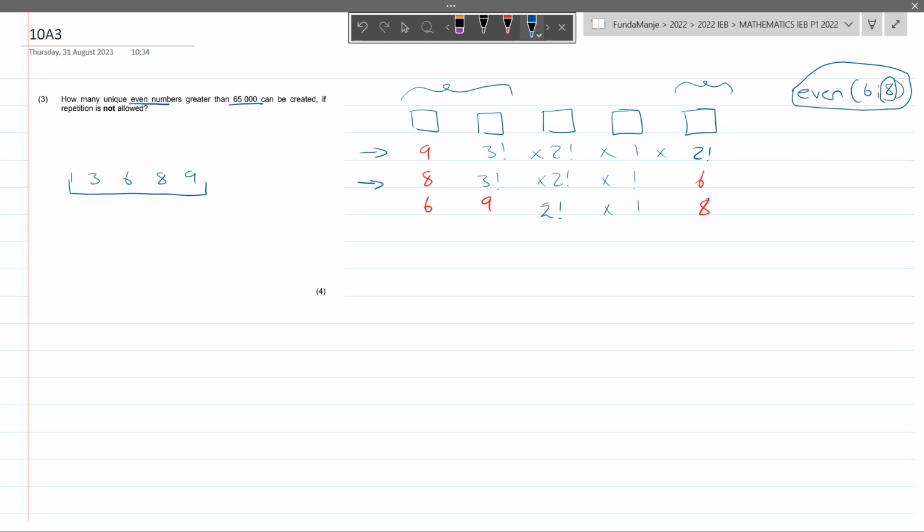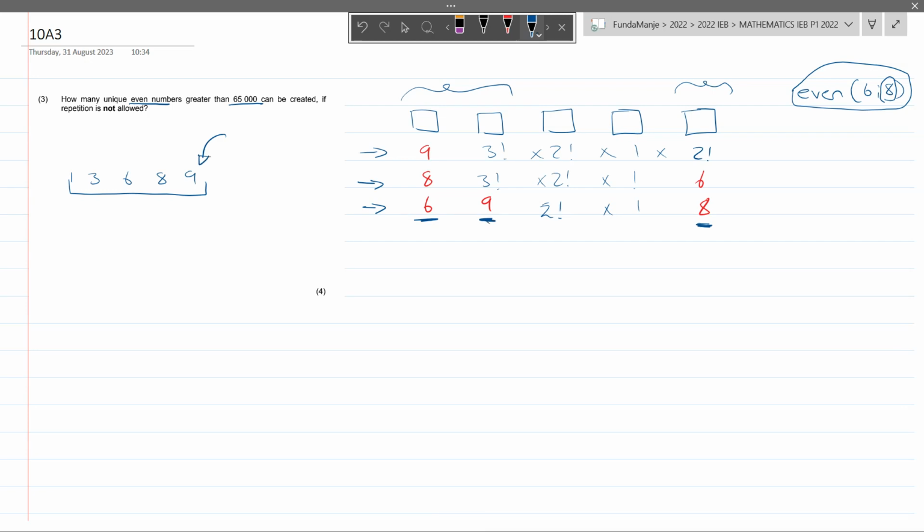Then the last one is if we use 6 over here, then again we have to use the only number that's even, which is 8 over there. And in this case, we want it to be greater than 65,000, so we need to put a number that is greater than 5 here. The only number greater than 5 in our bag of numbers is 9. So 9 is a number we can use.